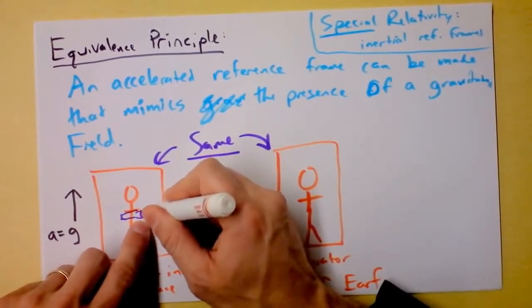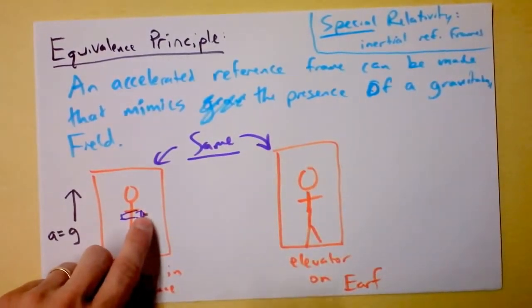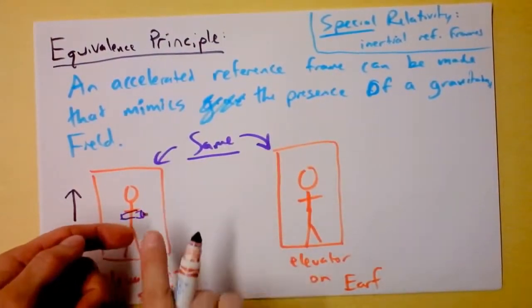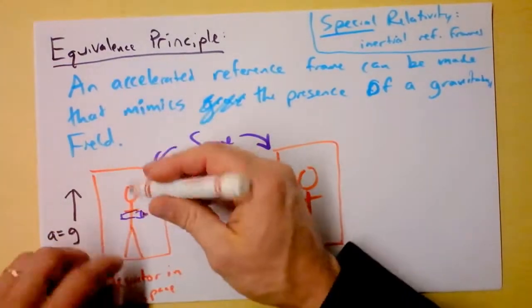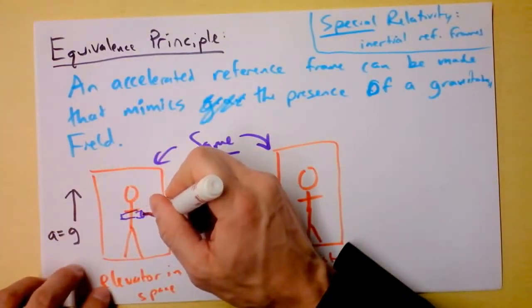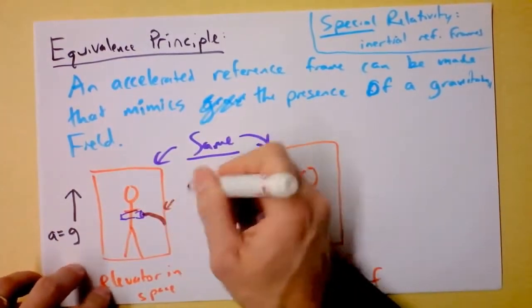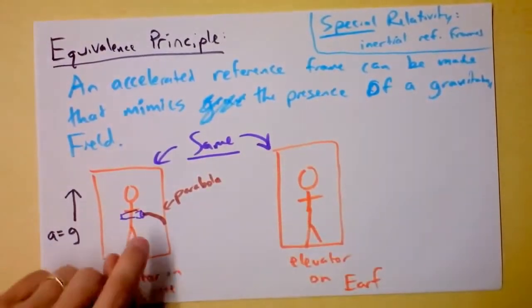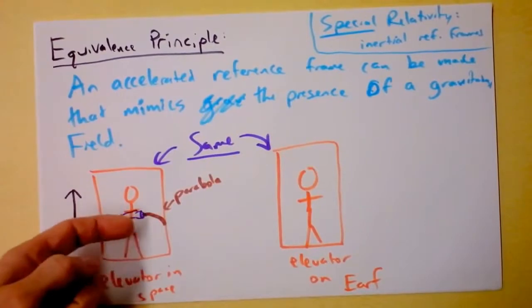The light that's leaving right now is coming out of the flashlight right there, and it's going horizontally, but remember the elevator is accelerating up, so more and more it's going up. So it is as if the beam bends like this. It makes a parabola, exactly as it would if you were shooting a water hose or something horizontally.